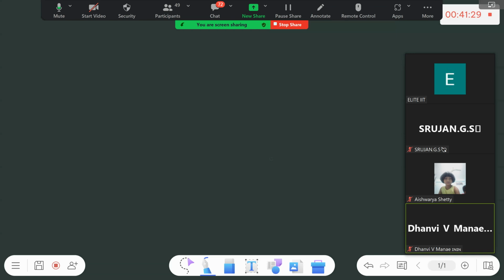So these are natural numbers, starting from 1 and going till infinity. It has no end. Then what are whole numbers? Whole numbers are basically natural numbers only, you just have the extra 0. This is your whole numbers. And what are integers?